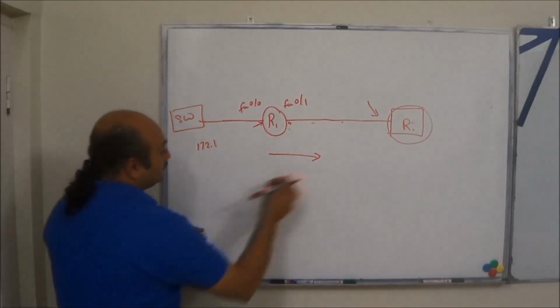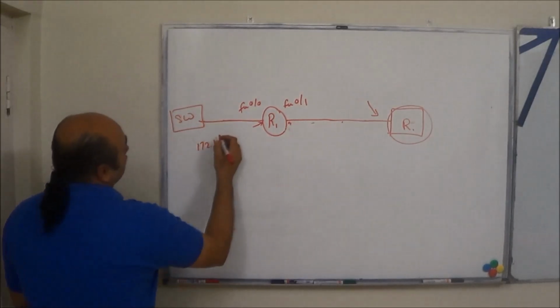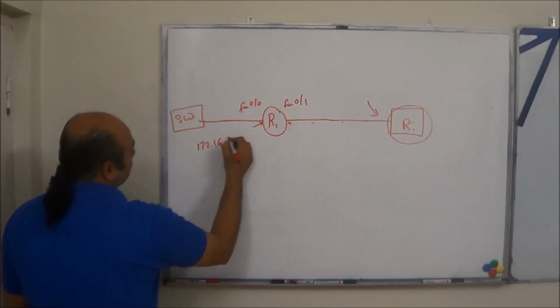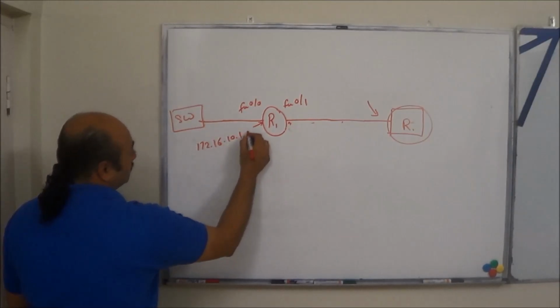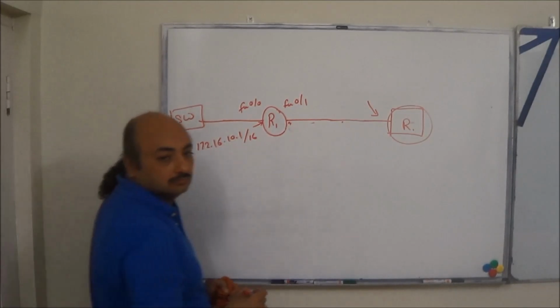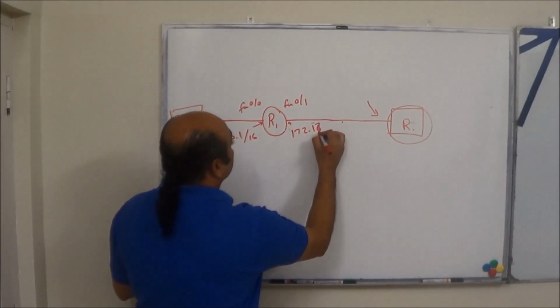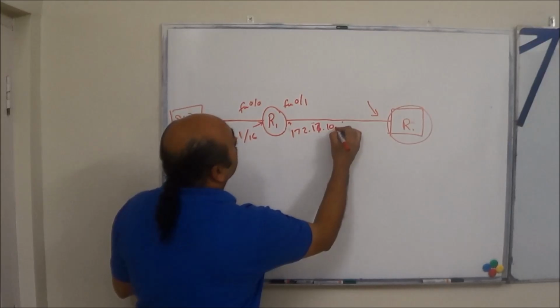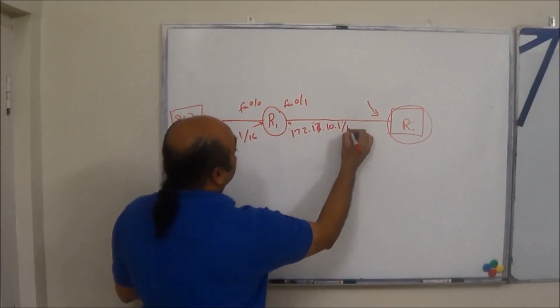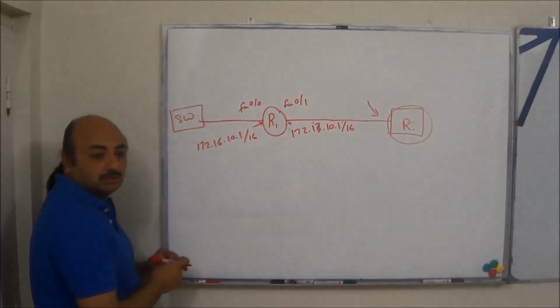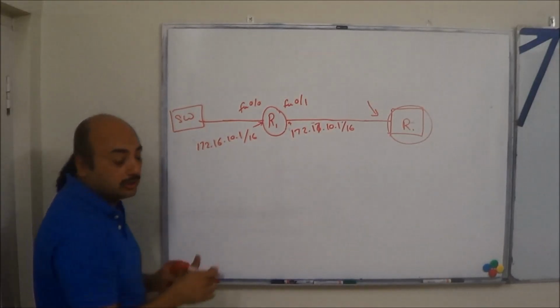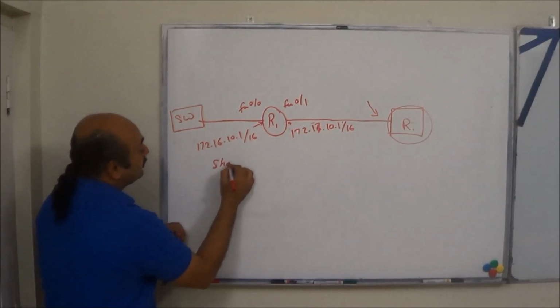Just for explanation purposes, if this was 10.1/16, and this was 172.17.10.1/16, in this case, what will the router show in its routing table when I issue the command show ip route?